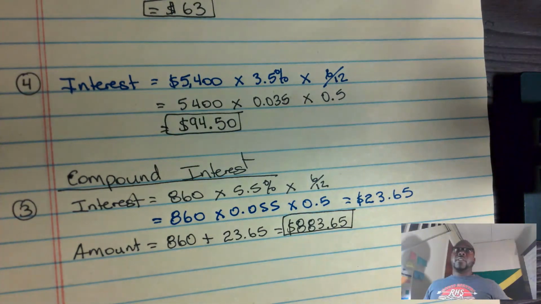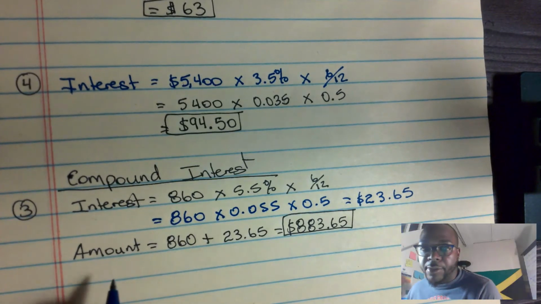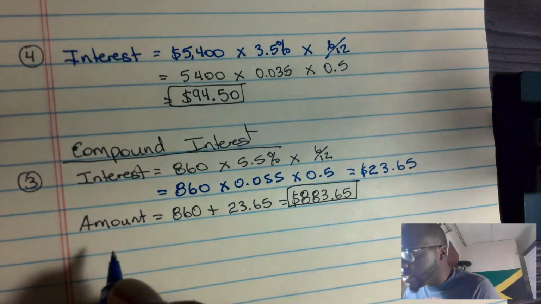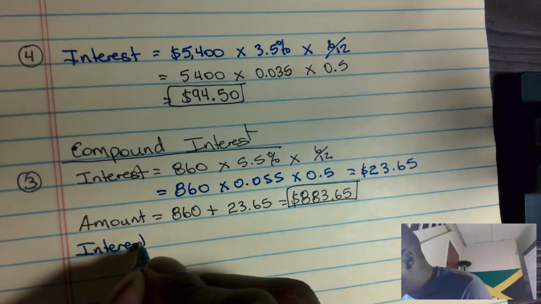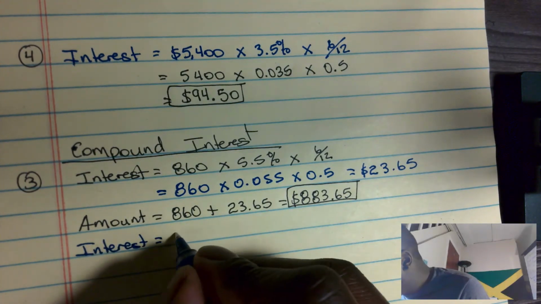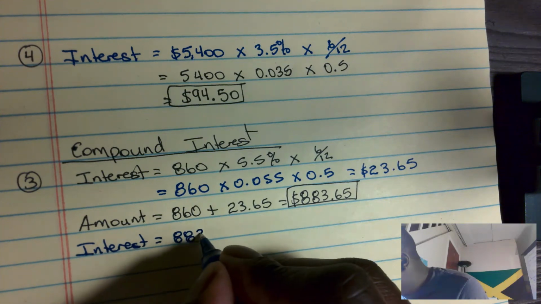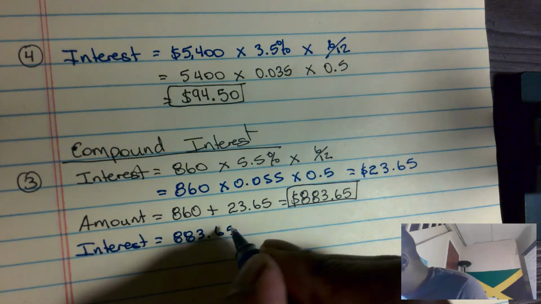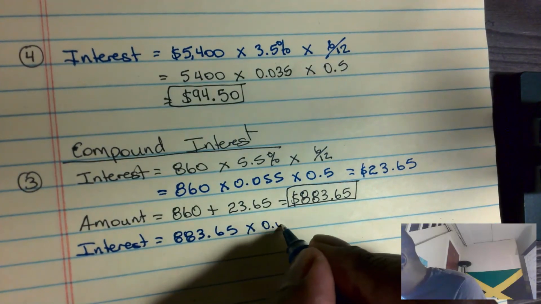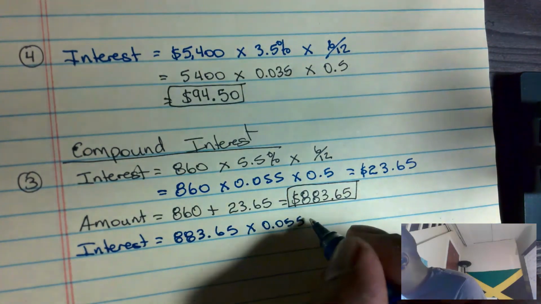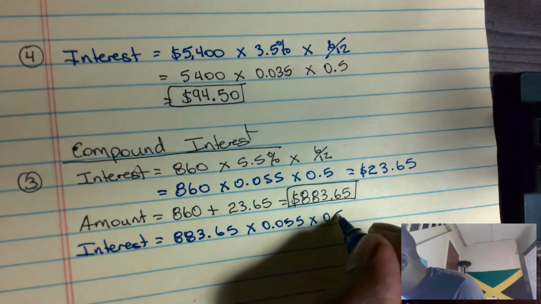Now I'm going to go back and find the interest again. The interest for the second 6 months is going to be 883.65 times the same rate, the same time, 0.055 times 0.5.